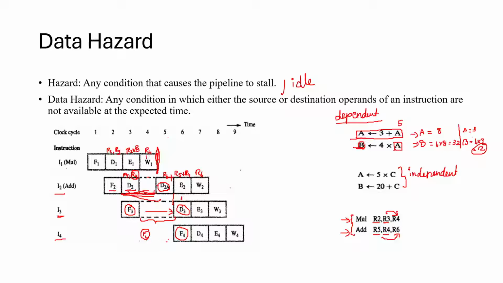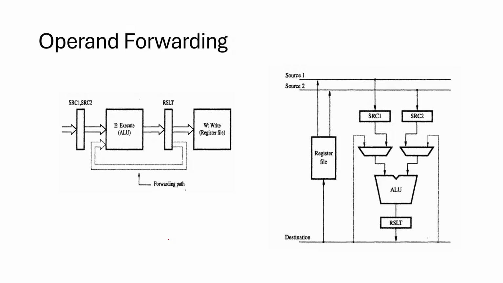Okay, now how are we going to overcome it? What is the solution for reducing or avoiding the delay if there is a data unavailability? Consider this. We are using the technique called operand forwarding.